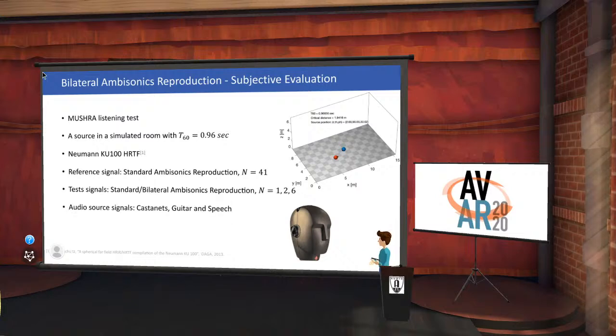And we have 3 screens for 3 audio source signals: castanets, guitar, and speech. We have results of 15 experienced subjects. By experienced, I mean that they had listened to spatial sound and performed similar experiments before.